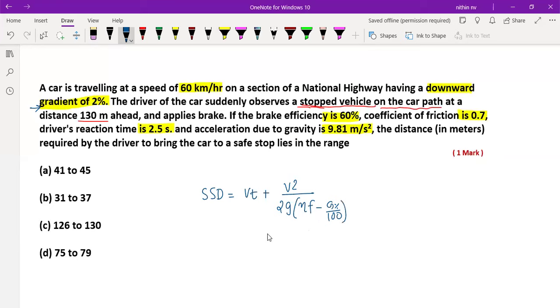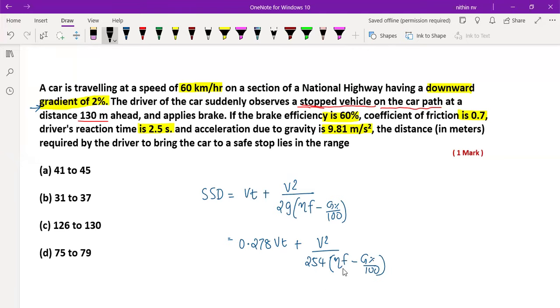Or for kilometer per hour you can use the equation 0.278 Vt plus V square divided by 254 times (eta f minus G percentage by 100), where this V is in kilometers per hour. So any equation you can use, just directly substitute, you'll get the value. Definitely there will be a slight change between these obtained answers. Maybe that's why they might have given the range as the options.